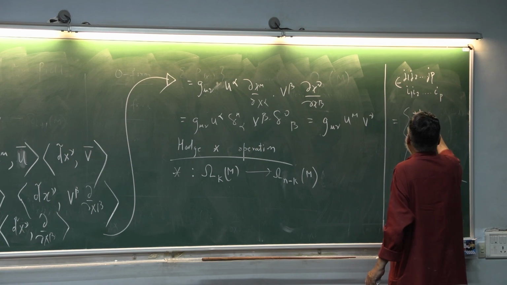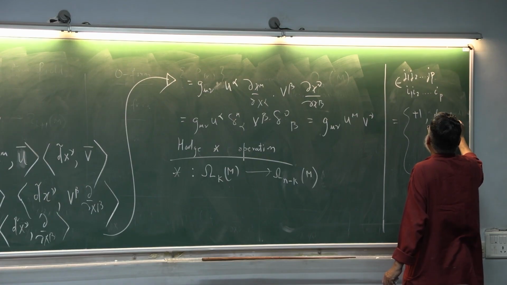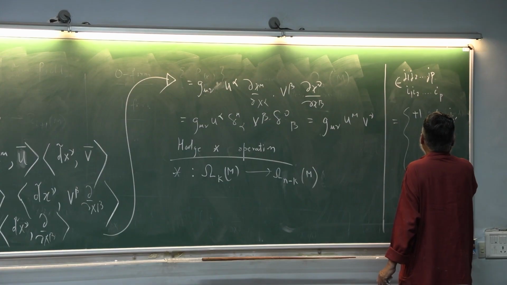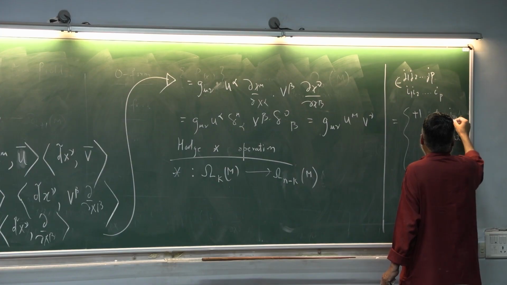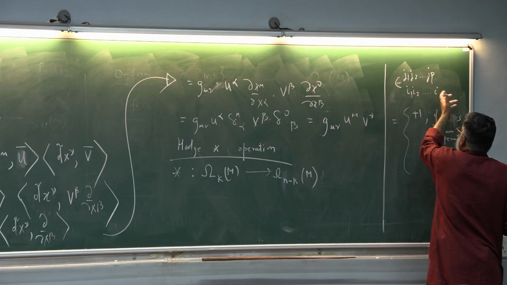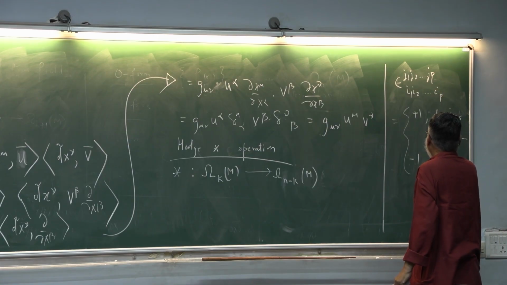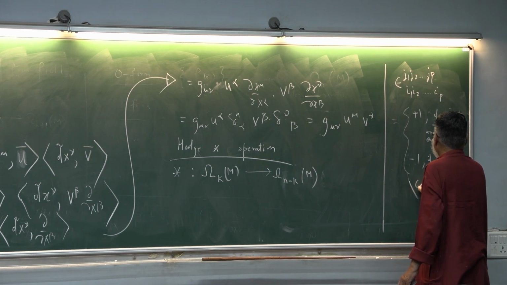It is plus 1 if these Ji's are an even permutation of I's, minus 1 if odd permutation, 0 otherwise.